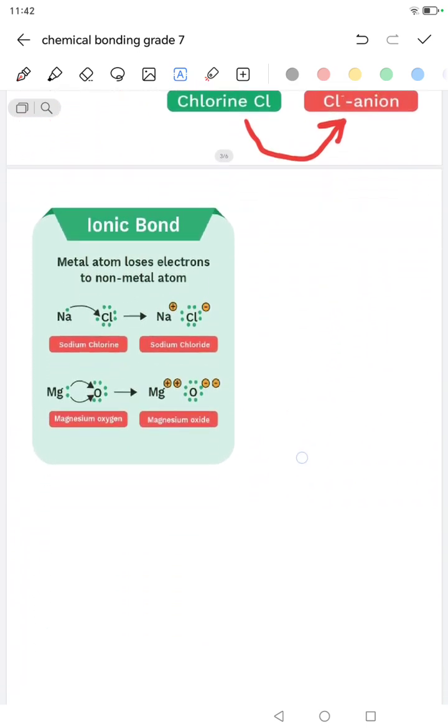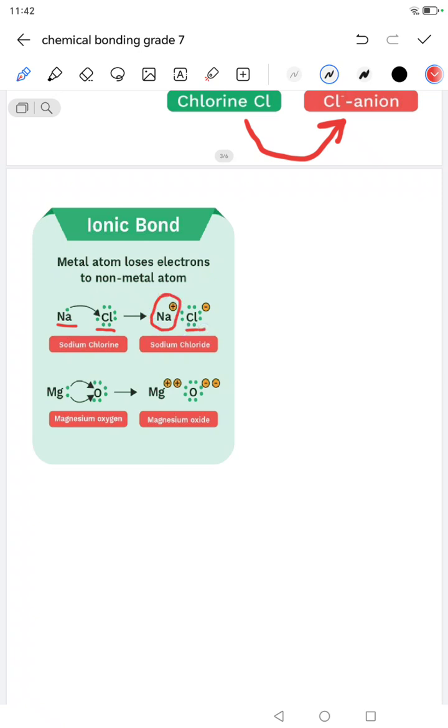So if you see in this next, firstly we have 1 electron that is being transferred from sodium to chlorine. In this way the sodium cation is formed.